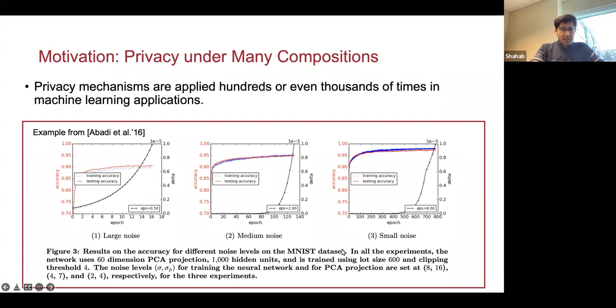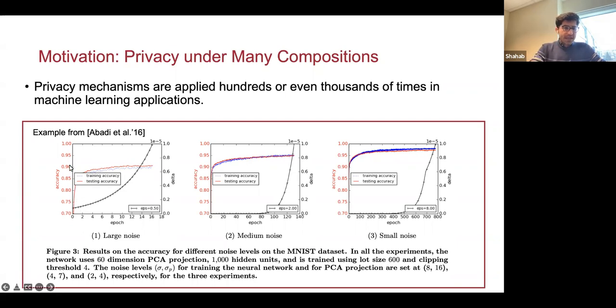So this is an example that I took from a very famous paper by Abadi et al. There are 3 plots here. They correspond to 3 privacy-utility trade-offs for 3 different privacy levels. It's the privacy-accuracy trade-off for training a classifier on MNIST.